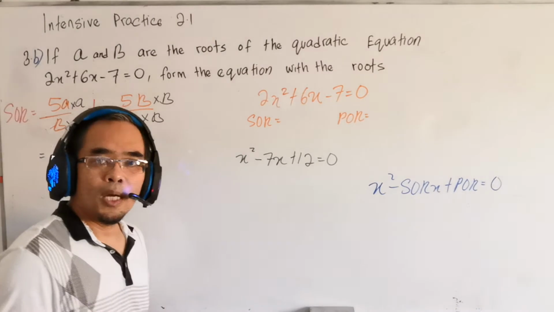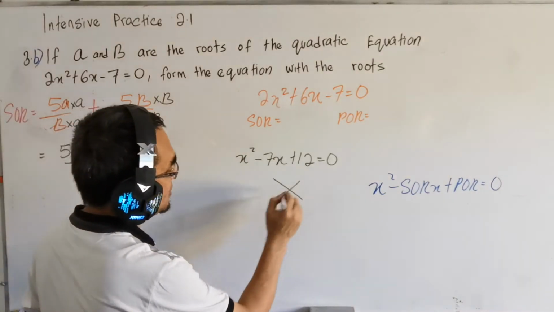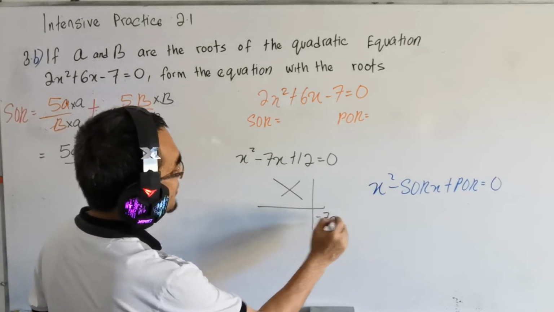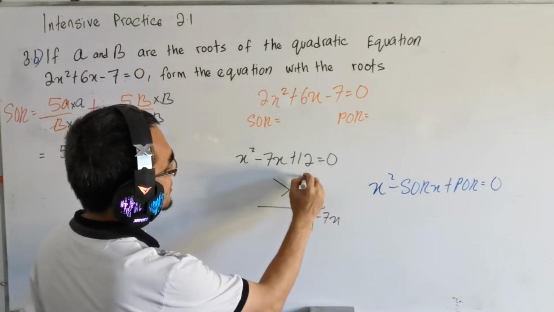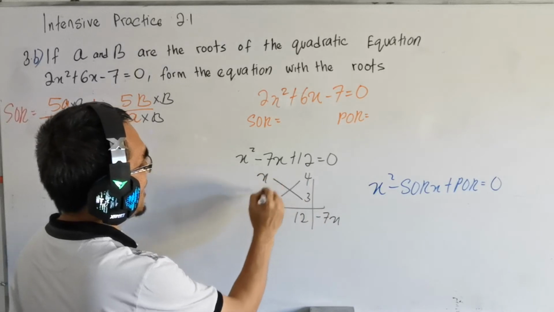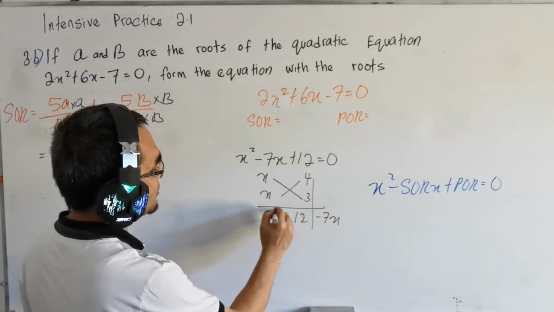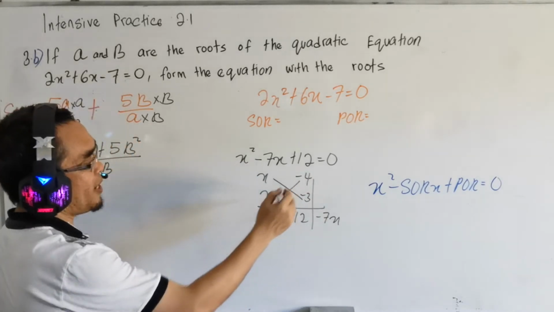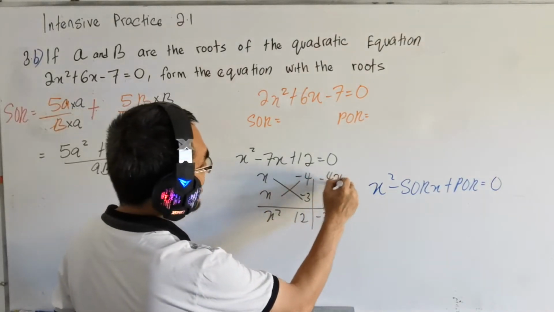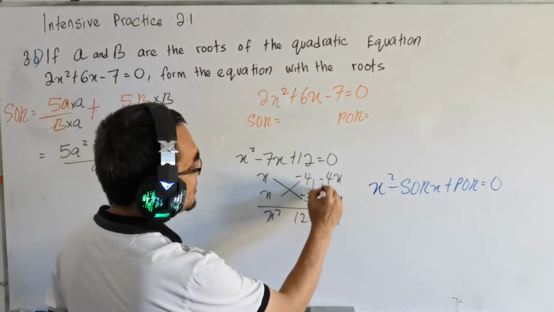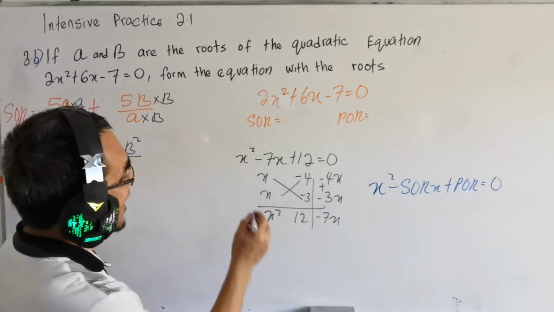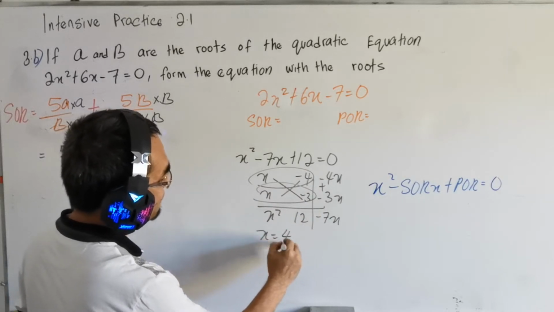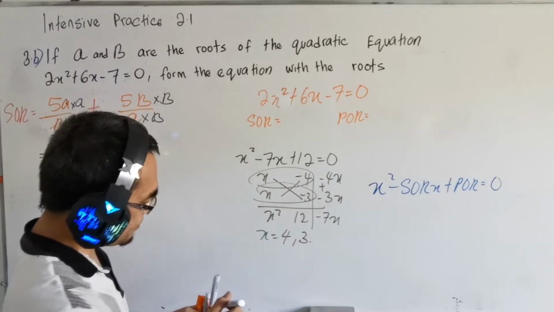If you cannot do this, you use a calculator. This is negative 7, this is 12, this is 4 and 3, this is x and x. We have x squared, and then we put both values as negative, so this is negative 4x, this is negative 3x. The factorization will be x minus 4, x minus 3. So the roots will be 4 and 3.